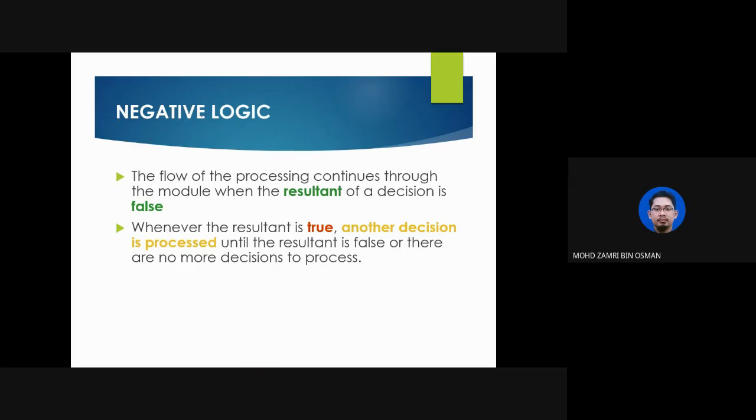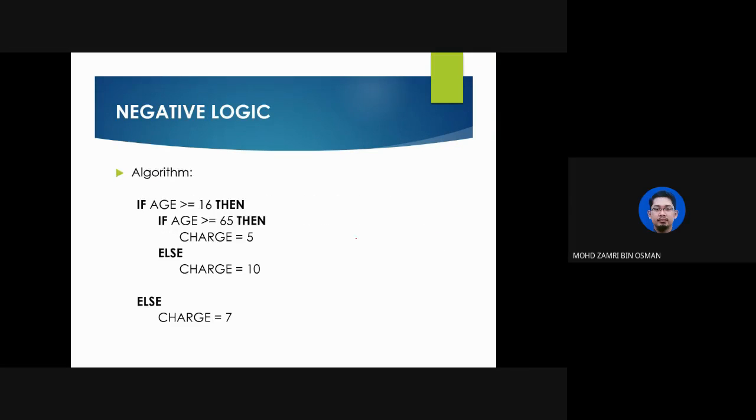And then we have a negative logic here. Let's go through the example straightforwardly. Let's say we have if age is greater or equal to 16, instead of something like less than 16.